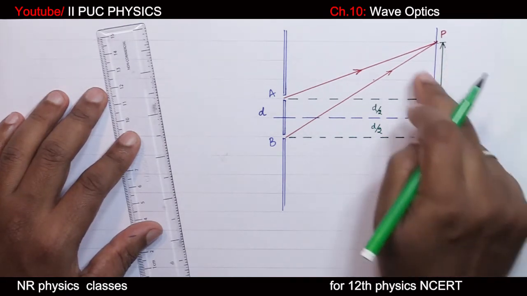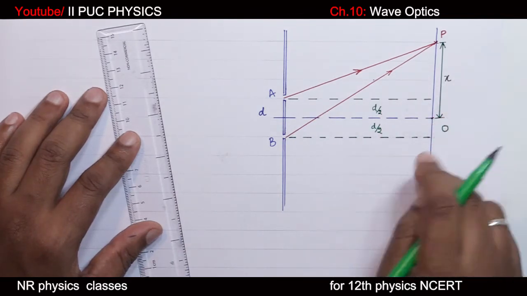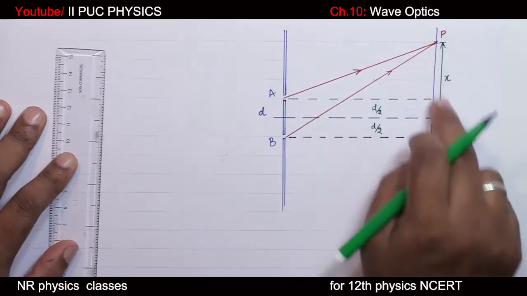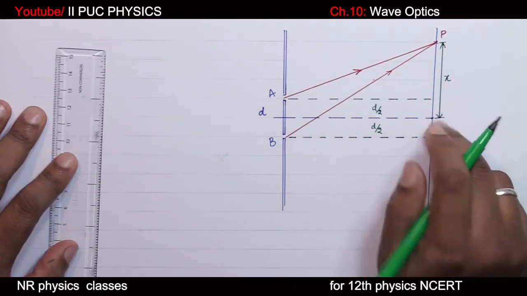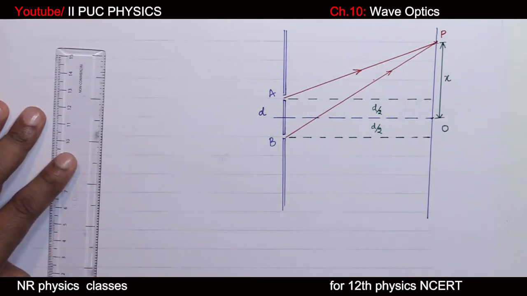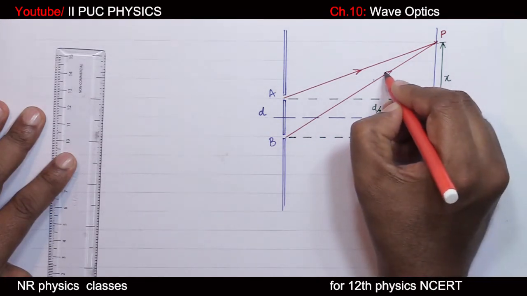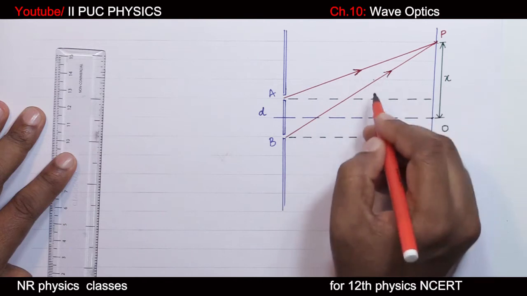Students, draw this diagram neatly using a scale and pencil. You don't have to draw this using colored pens or sketch pens. And in the examination, don't forget to draw the direction of light, arrow marks.